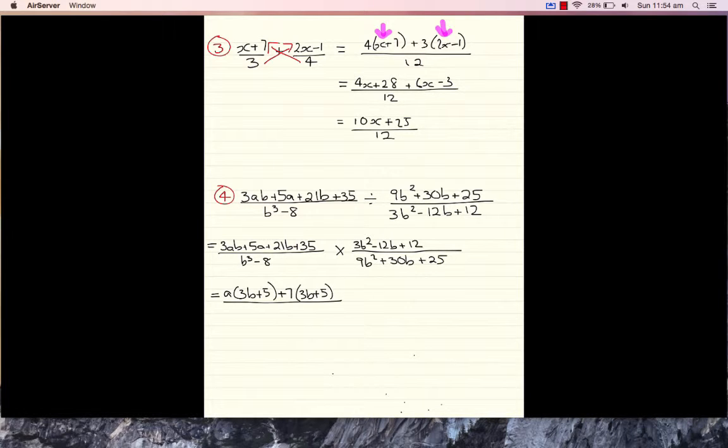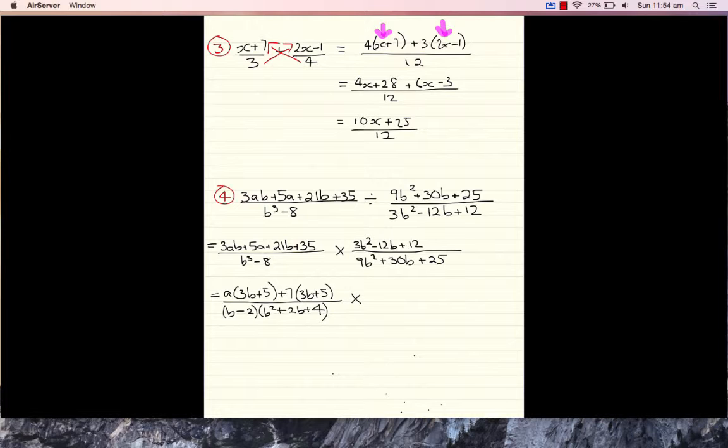Okay, now looking at the bottom, b cubed minus 8, well that's a difference of cubes, b cubed minus 2 cubed. So when I want to factorise that, we remember that we're looking at the factors of b and 2, and so then we square the first, the product and then square the second. And then we have to figure out which signs go in, and they are the same, the opposite, and always positive. So that's how we factorise the b cubed minus 8.